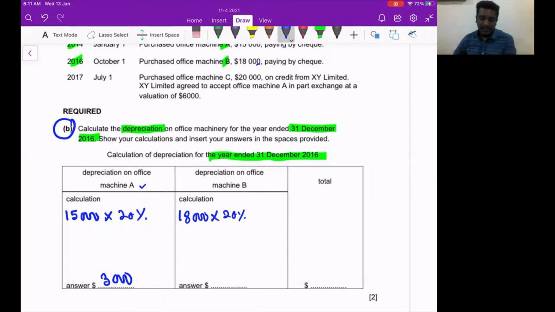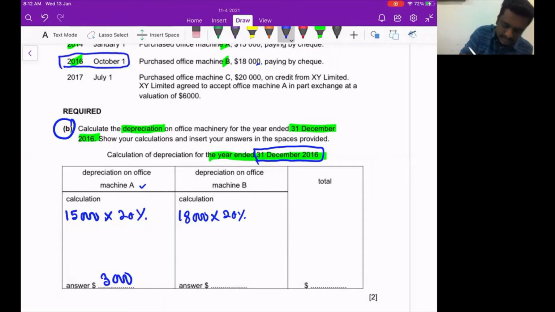Am I done? No. Can you check the date or not? 31st December. Now we are calculating depreciation for 31st December, and we bought this office machine on the 1st October 2016. Did I use machine B for 1 year?